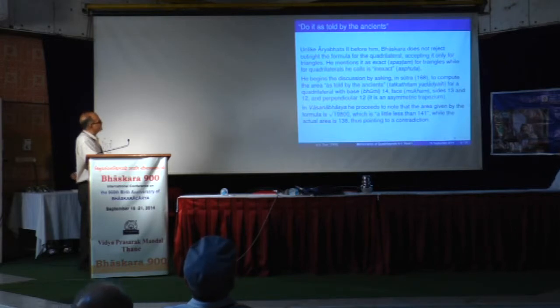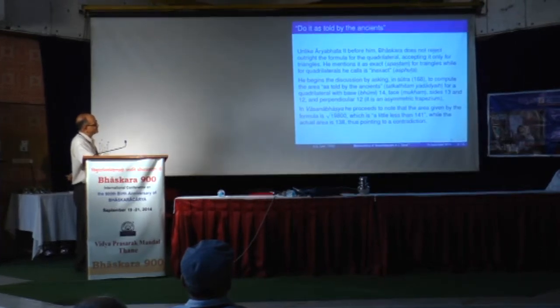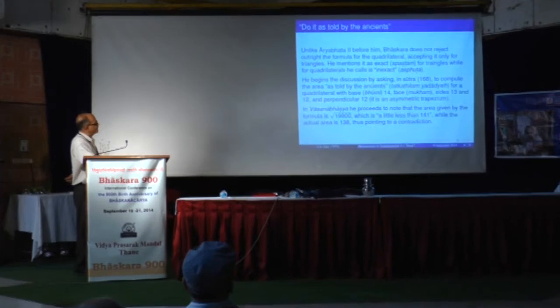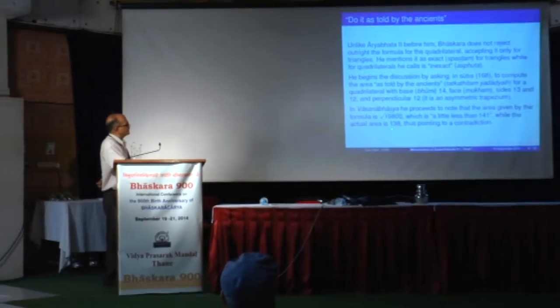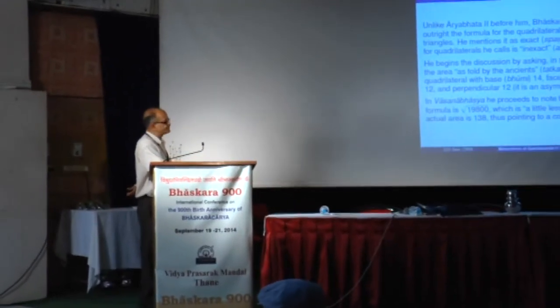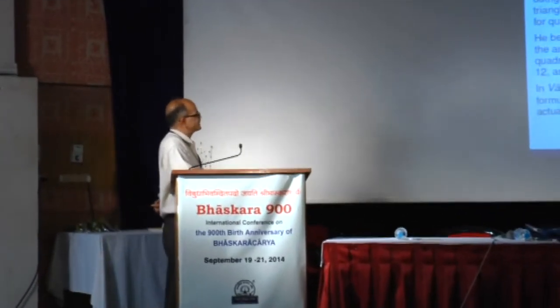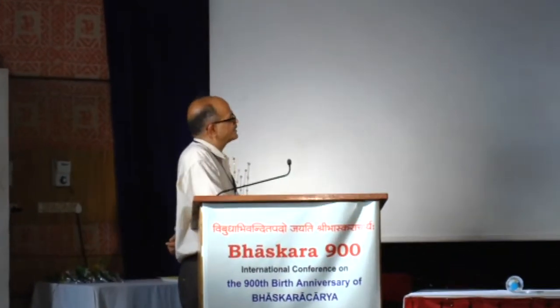Then in the annotated commentary, he proceeds to note that the area as given by the formula would be the square root of 19,800, which he notes is a little less, kinchit is the adjective here, than 141, while the actual area, which can be computed easily because it is a trapezium, is 138.